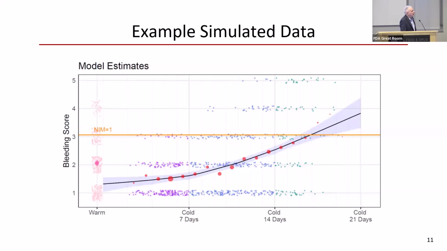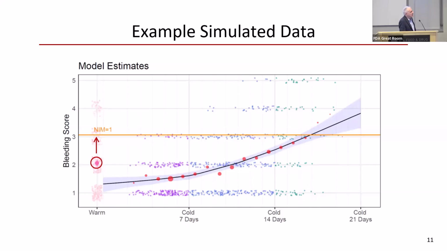If you take the observed hemostatic efficacy of the warm stored platelets and you add 1, you get the non-inferiority margin, which is shown by the horizontal yellowish line. And then for the cold stored platelets in the simulated data, you see that there's data out to approximately 17, 18 days of storage.